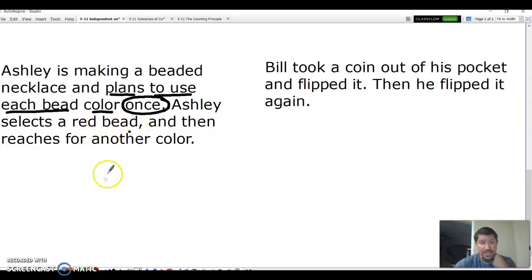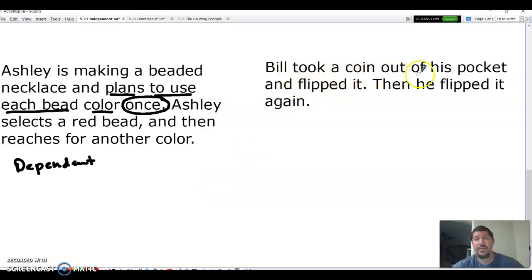So chances are each bead has a different color. So when she picks the red one, she can no longer pick red again, which means that increases the probability of every other color that she has, whatever they are. So that makes this dependent. Again, because the probabilities changed.